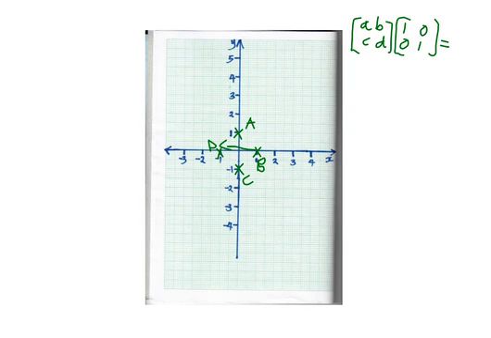This will give us the image matrix, which is D, -1, 0, and A will remain where it is, that is 0, 1.